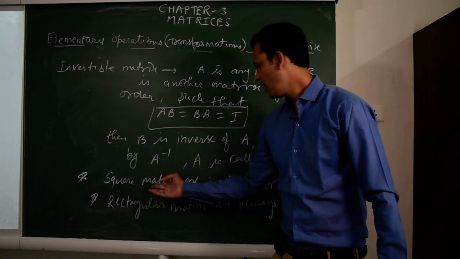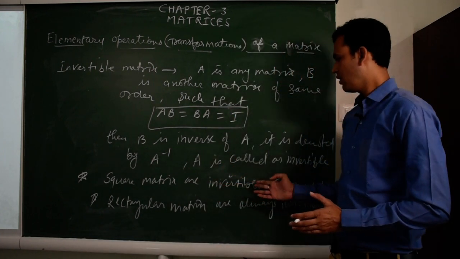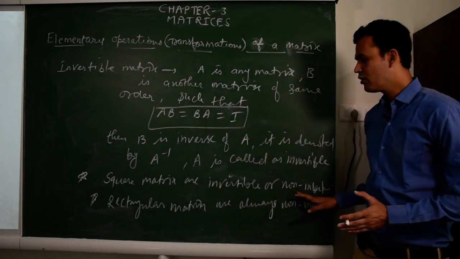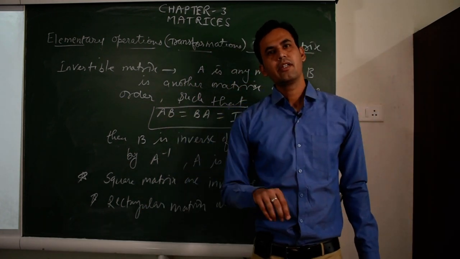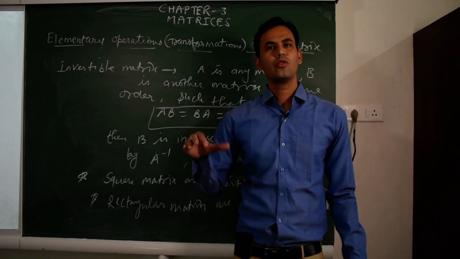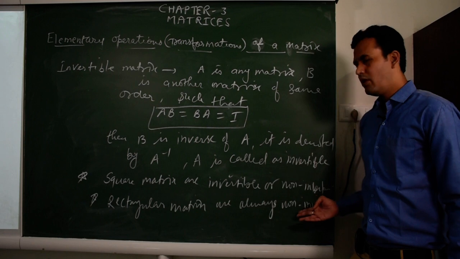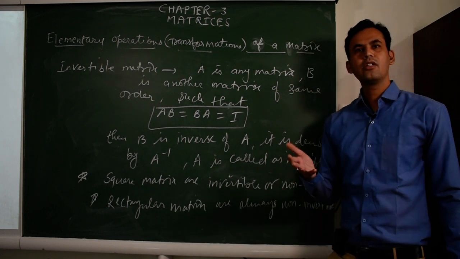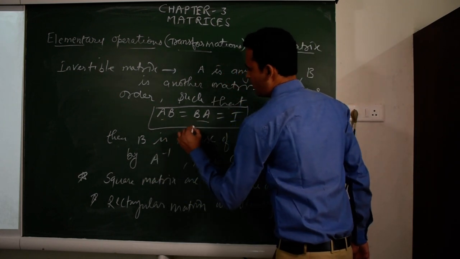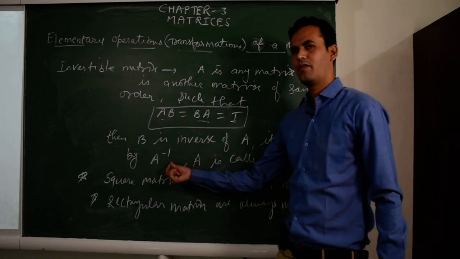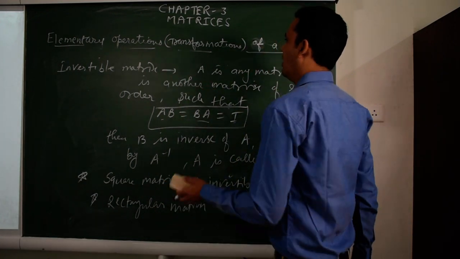It means a square matrix of the same order, 2 by 2 or 3 by 3, may be invertible or non-invertible, but for a rectangular matrix, meaning any matrix with 2 rows 3 columns, or 3 rows 2 columns, or 1 row 3 columns, the inverse is not possible. Here if AB equals BA equals I, then the inverse will be possible. So this is an invertible matrix.